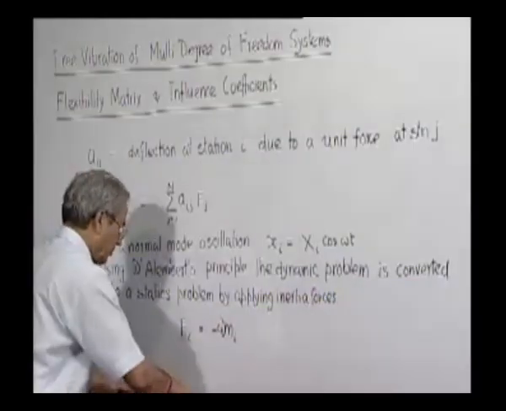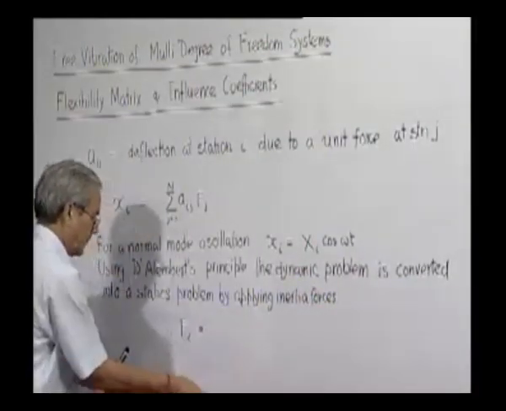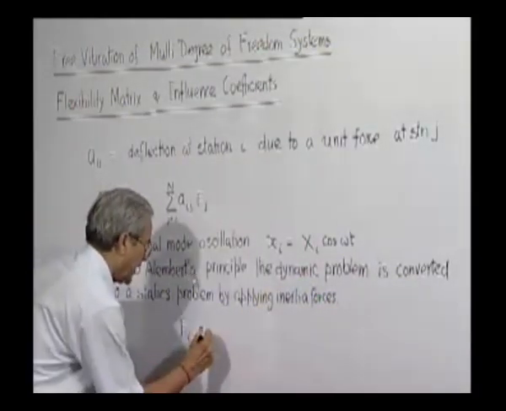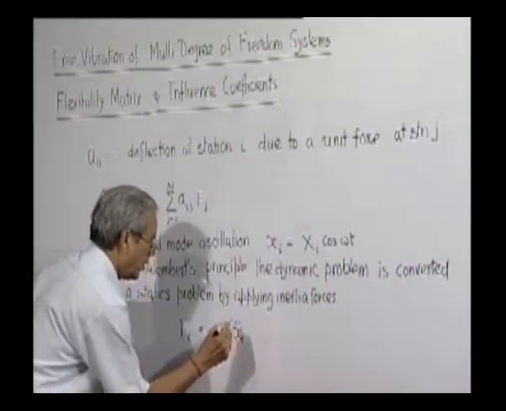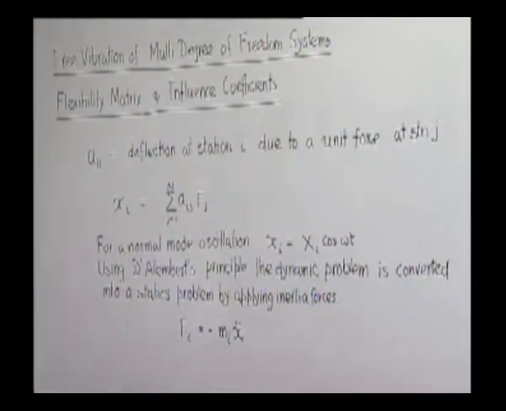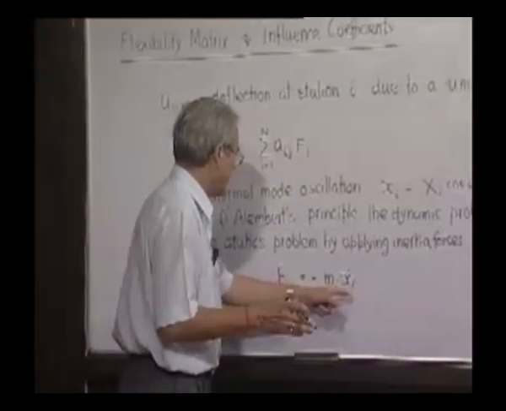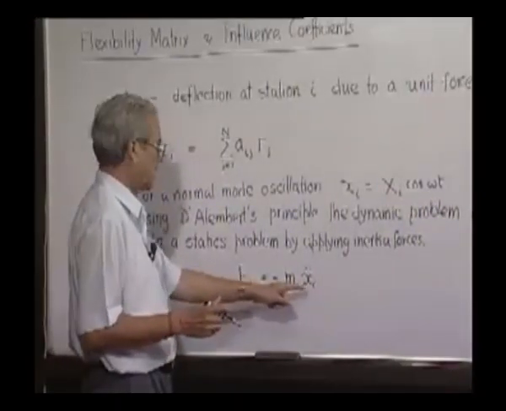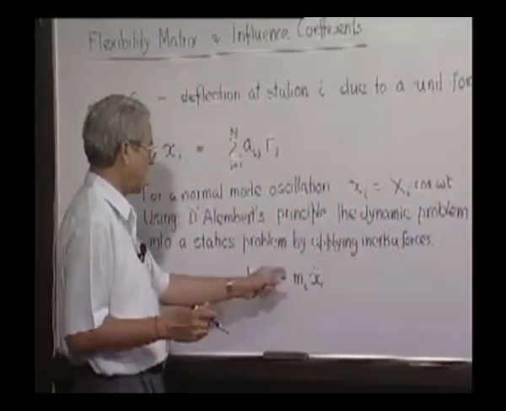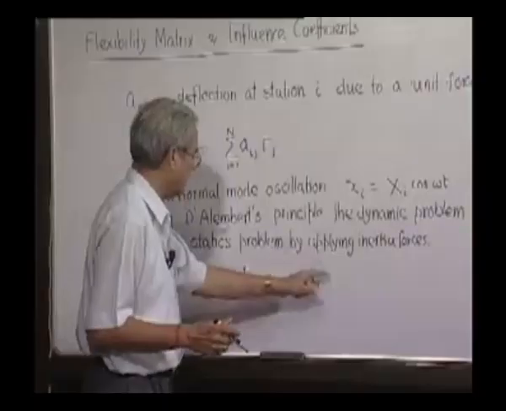Rather, what we should write is minus Mi Xi double dot. So, at any instant we can use the acceleration of that station multiplied by the mass of the station, and negative of that, as the inertia force.